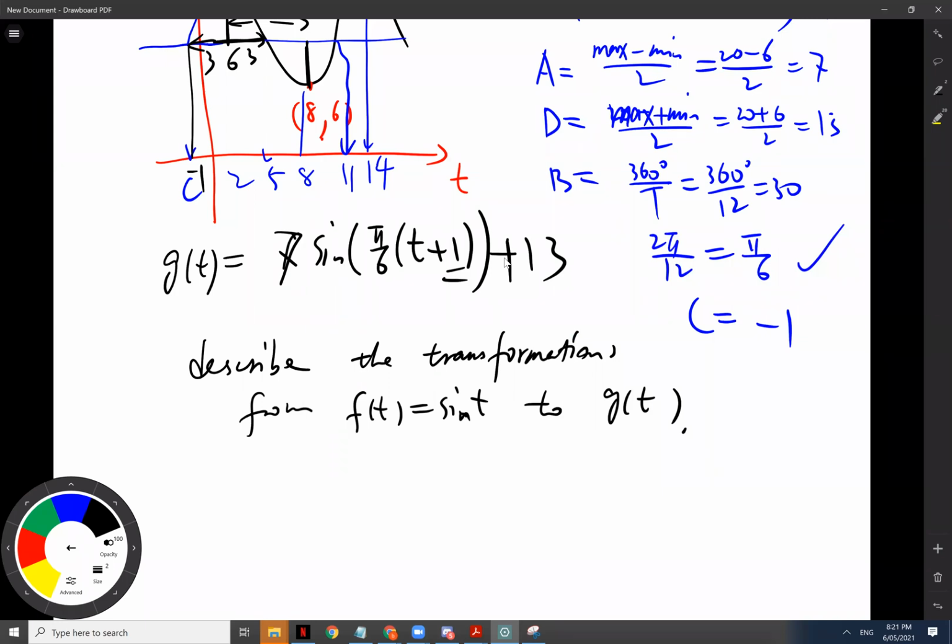We got the stretch, we got translation for this question.